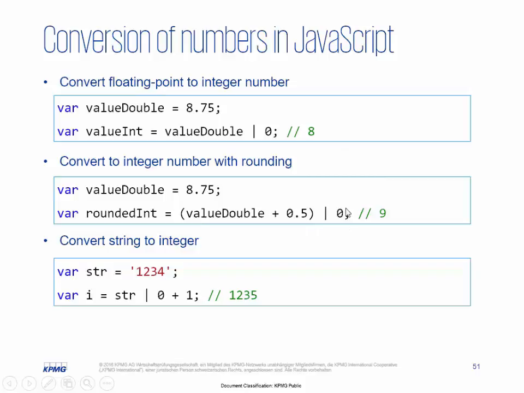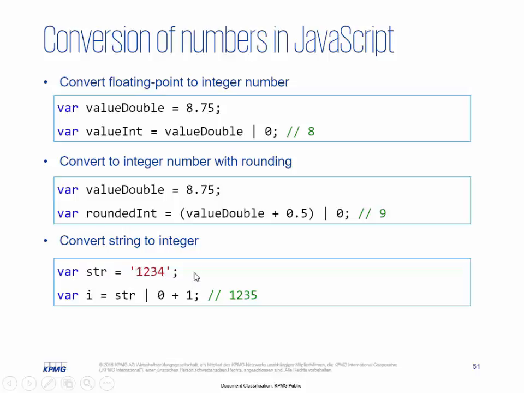So this is doing it again. We're taking the number and we're adding 0.5. So first we're incrementing it to 9 point something, and then we're doing a bitwise OR 0, and what we'll get is the whole part, 9. Again, JavaScript sometimes allows you to do many actions that you can't do in any other language so easily.